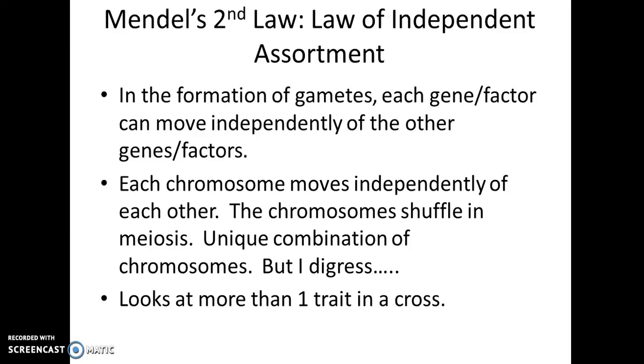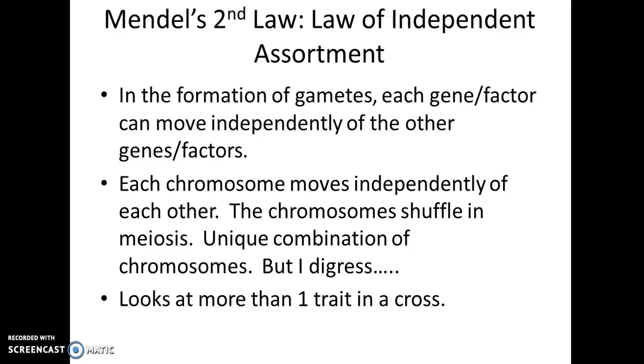I know you're excited. In the second genetics screencast, we're going to start off with Mendel's second law, which is the law of independent assortment. Now, this deals with the chromosomes being shuffled, and they move independently of each other. So in the formation of gametes, each gene or factor can move independently of other genes or factors.